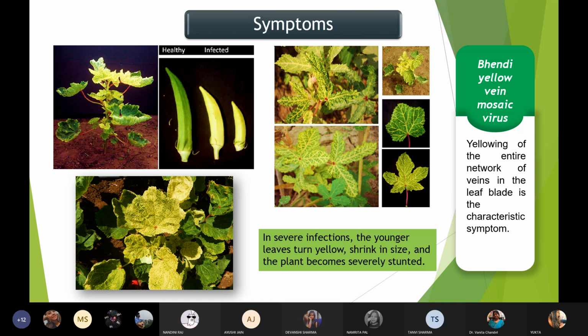If fruits are formed, they may be smaller or harder, and affected plants produce fruits with yellow or white color, so they won't be fit for marketing. Next slide.